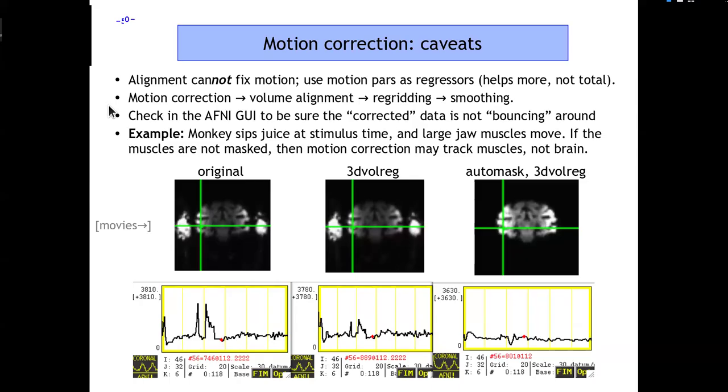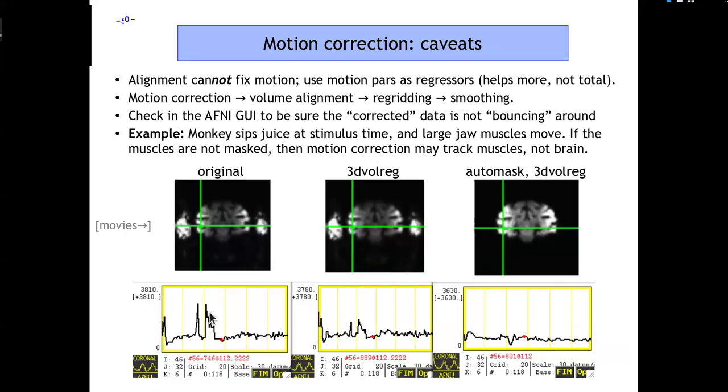Another thing is we have to make sure that the data is actually being corrected. If we look at this example here, this is a macaque data set that had a task involving, I think, sipping juice at stimulus time. And if you see here, the brain is moving around, and we can see just visually the brain moves up and down and back and forth.